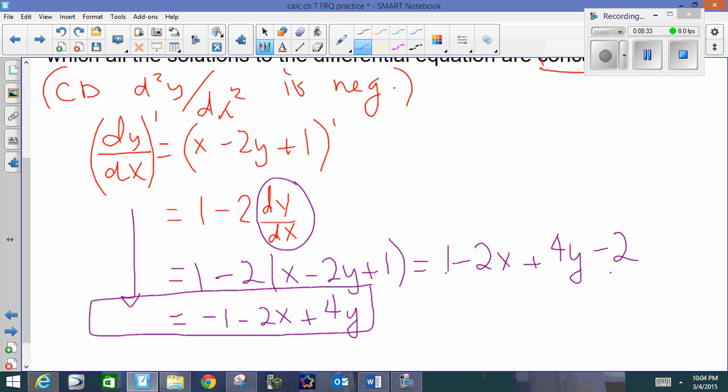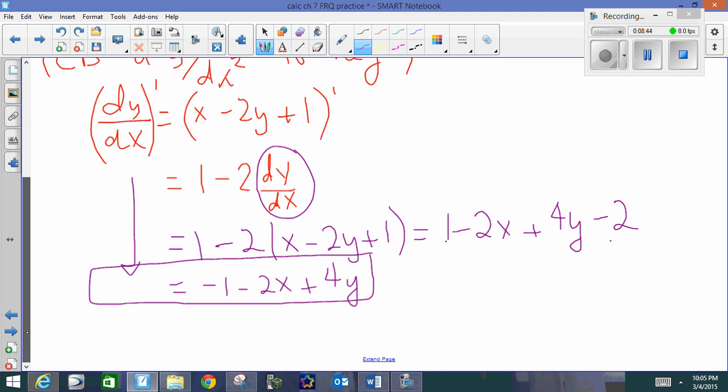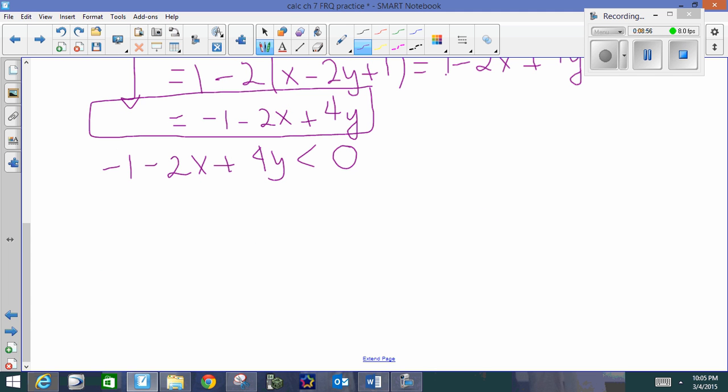All right, so that's my second derivative, and part B also says, describe the region in the xy plane in which all the solutions are concave down. So now we need to know where this is less than 0. If you describe the region, you don't need to find x.